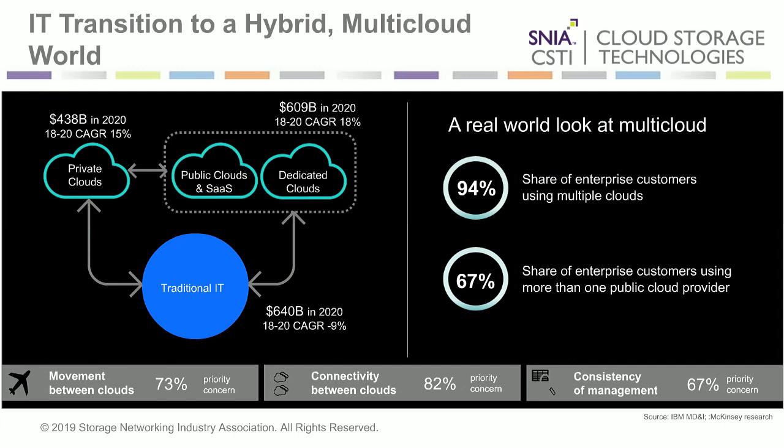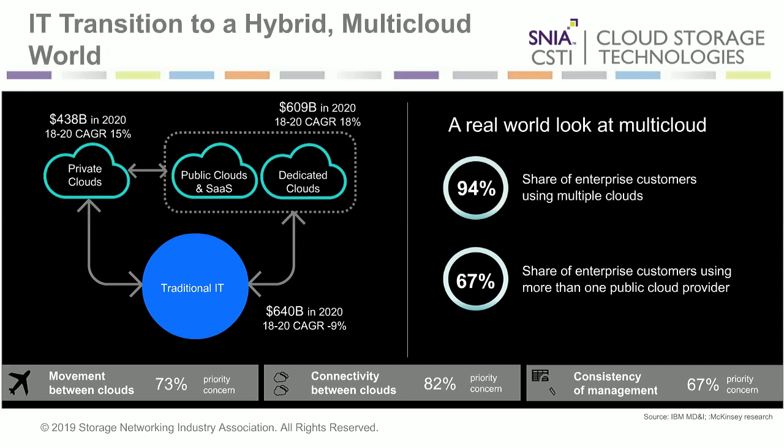Now, as IT environments evolve to these cloud operating models, we see two things happening here. One is that IT environments operate in a very hybrid kind of approach. So it's not all private cloud, it's not all public cloud, it's not all of any one thing. It's a very hybrid kind of an approach. So I have some private clouds, I have public clouds, and in fact, I have typically multiple public clouds as well.